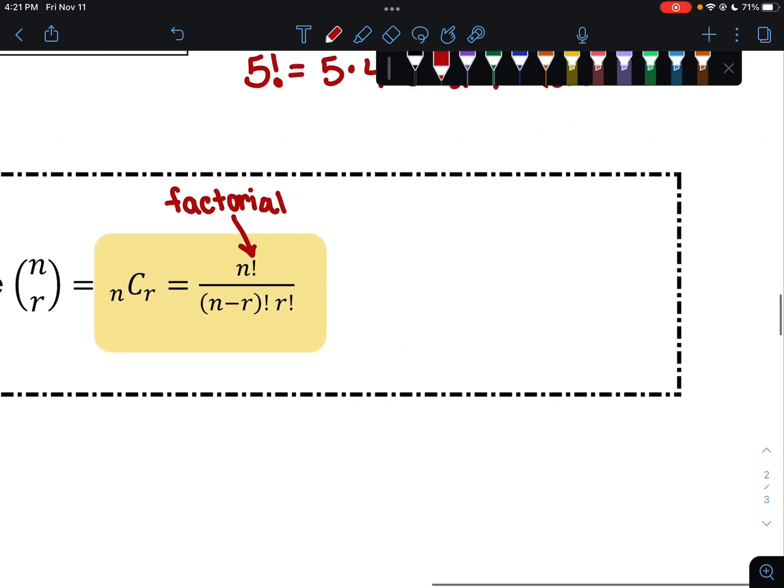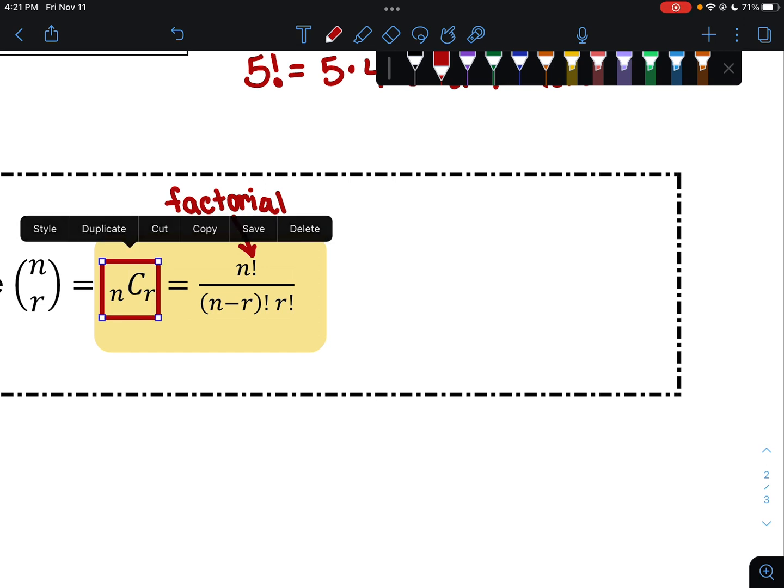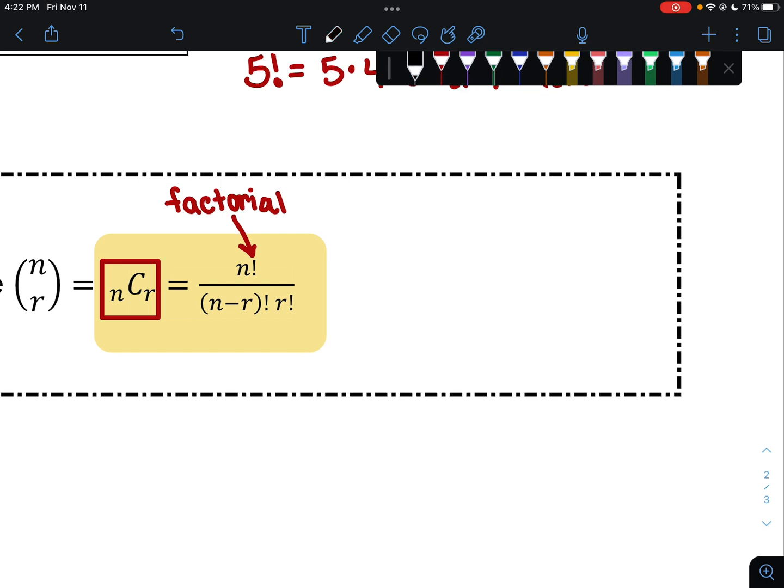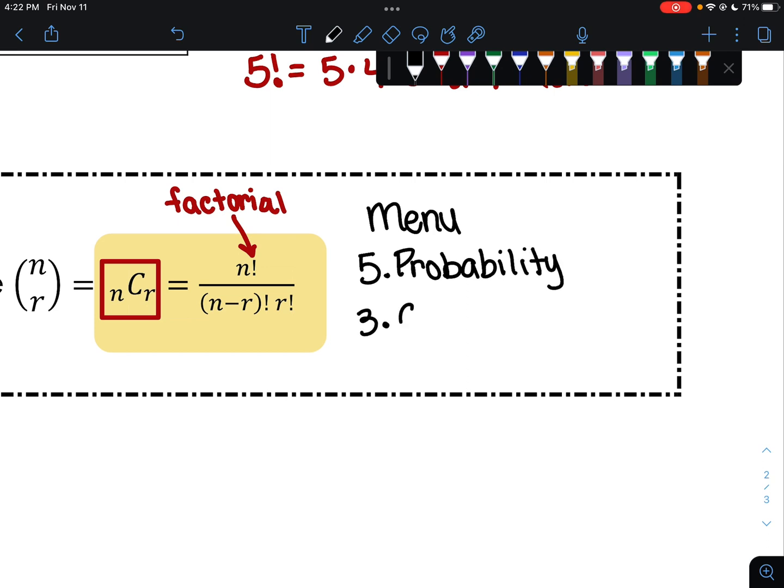But I'm going to show you how you can type that piece right there into the calculator. Actually, it's going to be this piece right here that we're going to type into the calculator. And I'm going to show you how it relates to Pascal's triangle. So on our calculators, we're going to go to a new calculator screen, and you're going to do menu, and then number 5, which is probability, and then number 3, which is combinations.